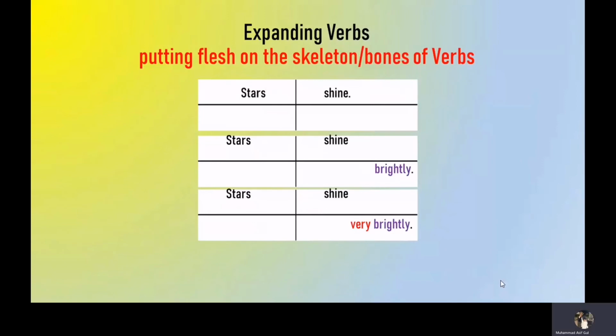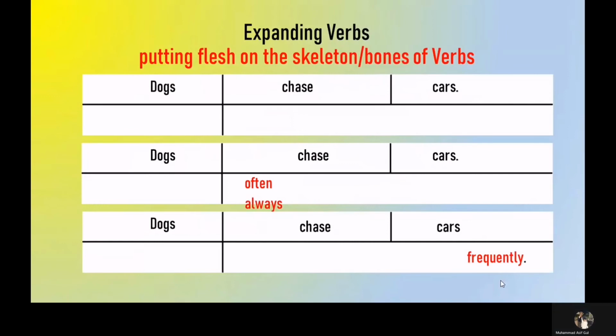Adverbs come after verbs. Let's see what is coming next. We will still be talking about expanding verbs. Here we see in the second sentence that adverbs may come before verbs.